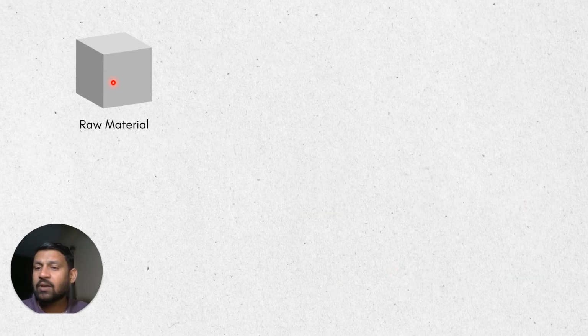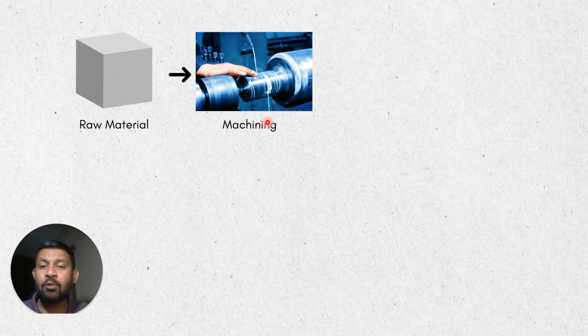In this schematic, you can clearly see that a raw material block is taken. Then that raw material block undergoes a machining operation, and the material is removed based on the machining operation's input. What you achieve is the final product, which in this case has been represented by the spherical shape.